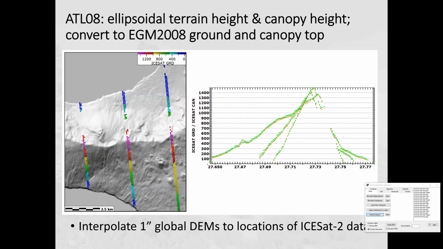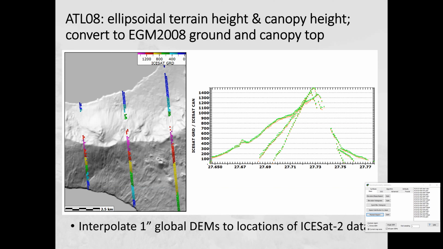This is 1 day's worth of ICESat. ICESat comes by once a quarter. So you'll notice there are 3 somewhat widely spaced tracks, and then each of those 3 has 2 beams right virtually next to each other, but they're actually in different 1 arc second cells. And so this is what you get.